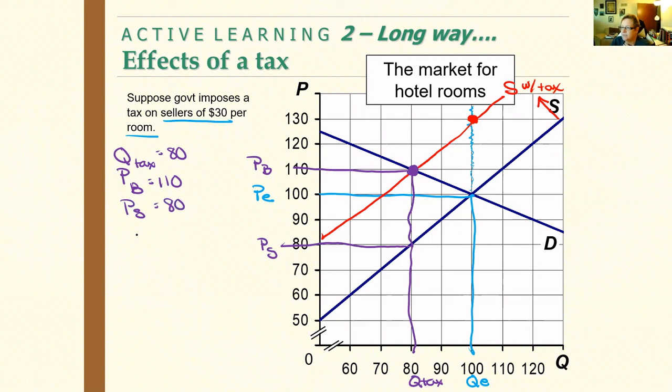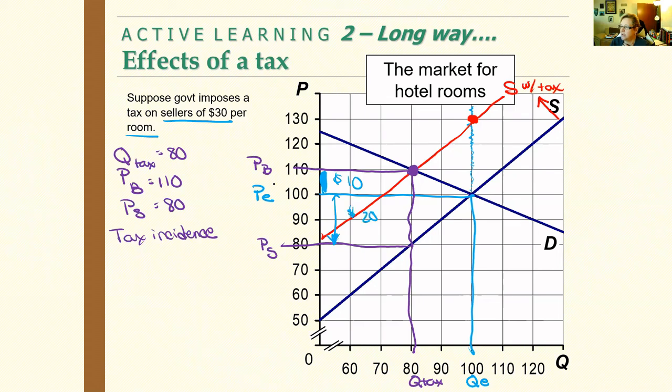Tax incidence. How is that tax divided amongst buyers and suppliers? If we look at this, this amount here is 10 bucks. This amount here is 20 bucks.